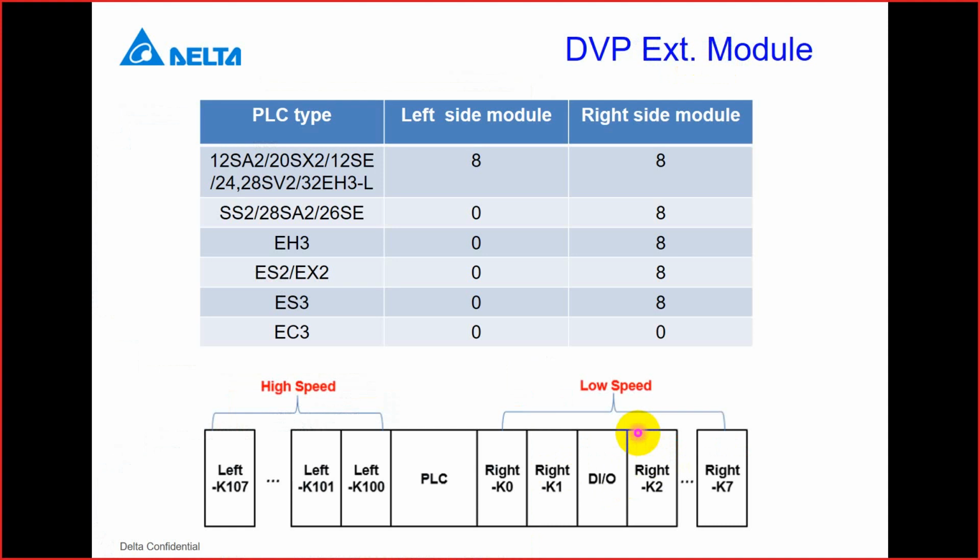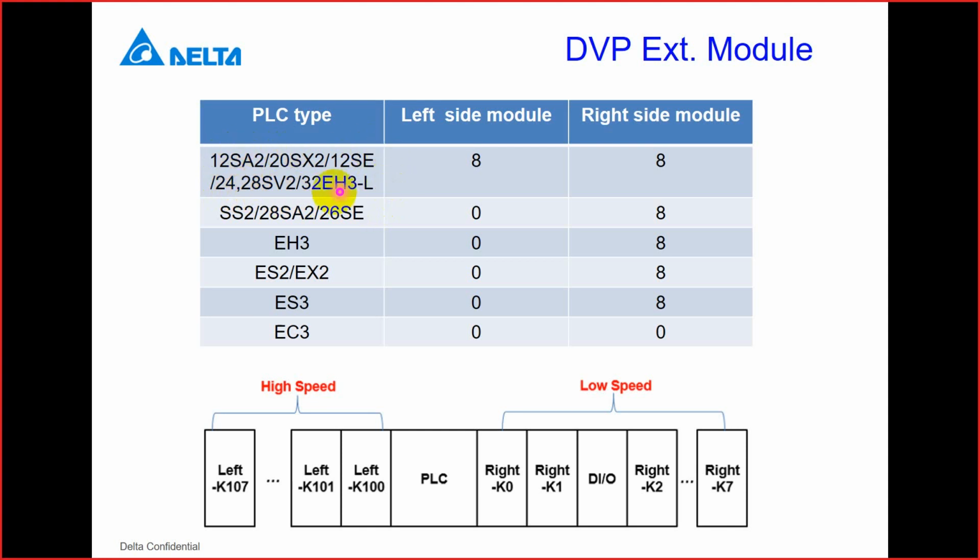Okay, I think this one I keep mentioning in the first section. So you can see here which kind of DVP PLC can support how many modules. Like 12SA2, 20XX2, 12SE, 24 or 28XV2, 32EH3-L.